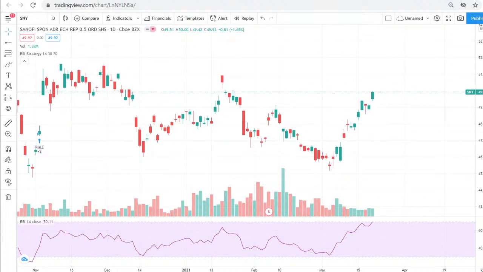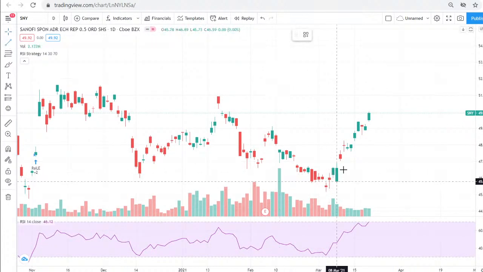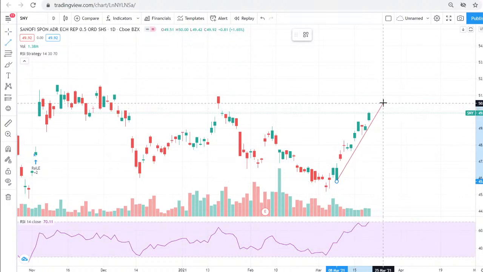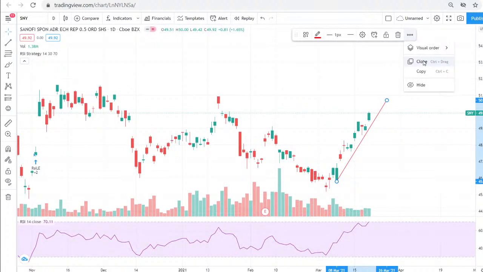Seems to be in a very good uptrend and a very long run. Okay.